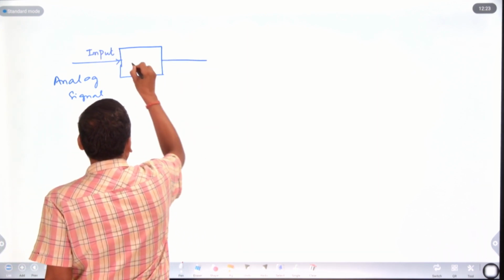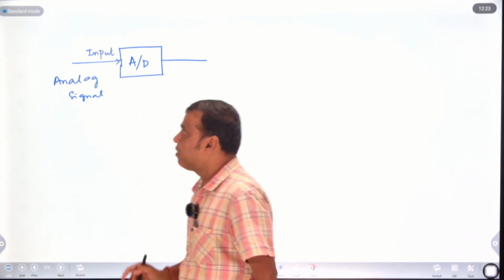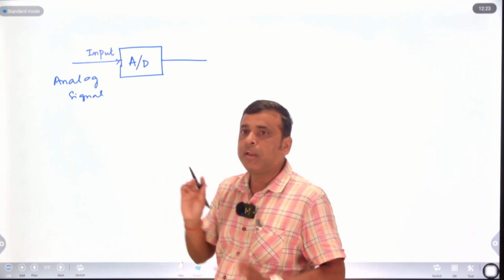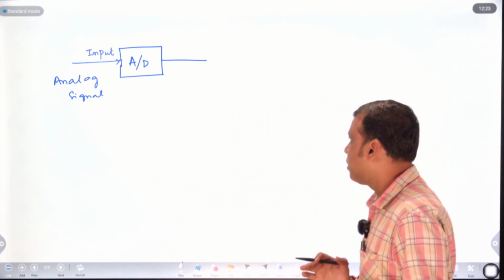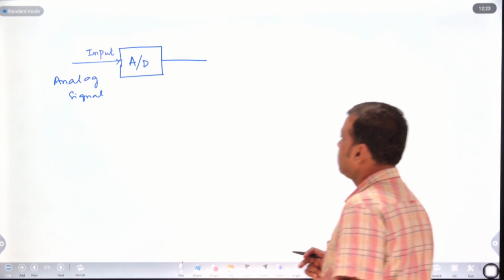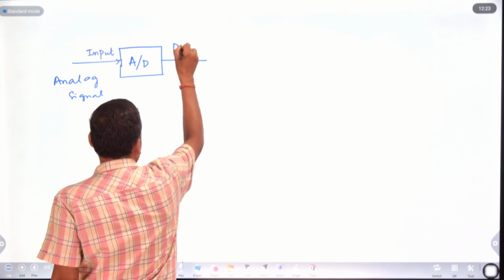Then here is the A to D converter: A for analog, D for digital. What happens in the A to D converter? It converts a continuous or analog signal to a discrete or digital signal. This is the analog signal, and at the output of the AD converter you will get the digital signal.